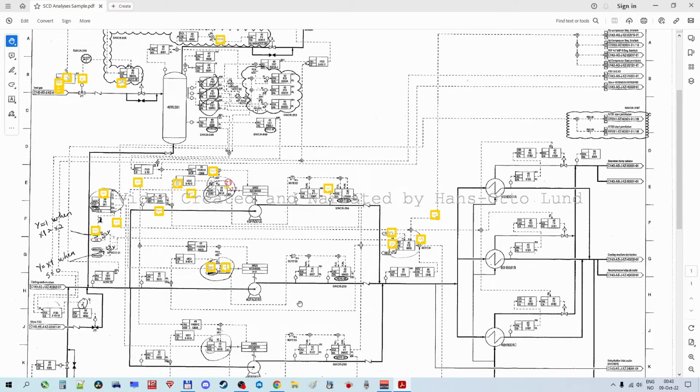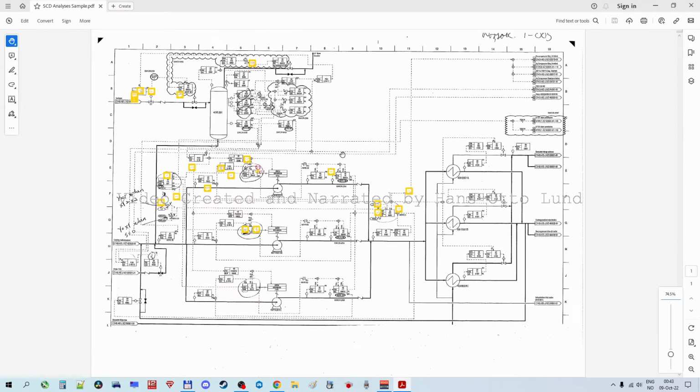But on these drawings, those things are not important, so they are left out. So that's a basic look at these kind of drawings.